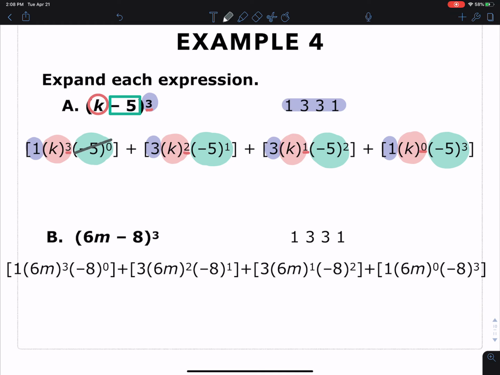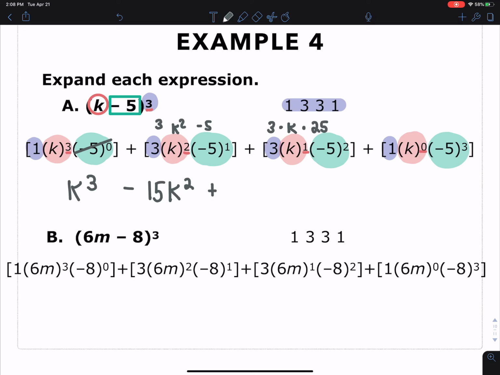So we just have 1k to the 3rd from our first term, which is simply k to the 3rd. And then in our next group, this is k squared. And we have to multiply that by 3 and by -5. So we would have minus 15k to the 2nd. And then in our next group, this is 3. This is simply k. -5 squared, -5 times -5 is positive 25.